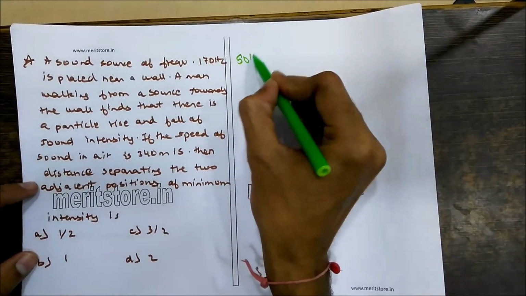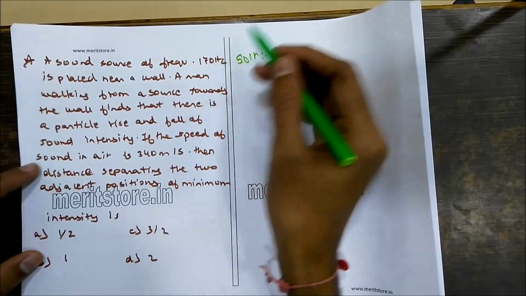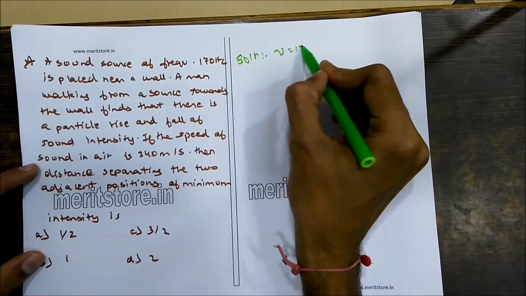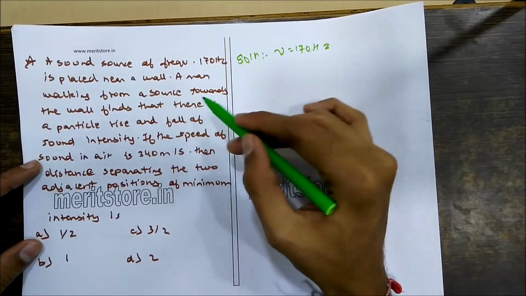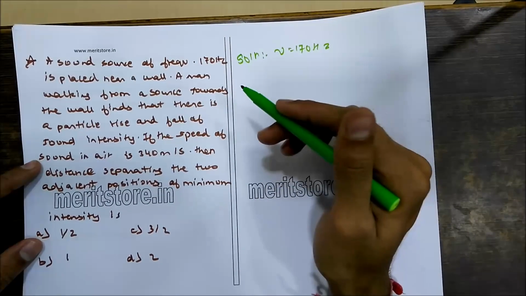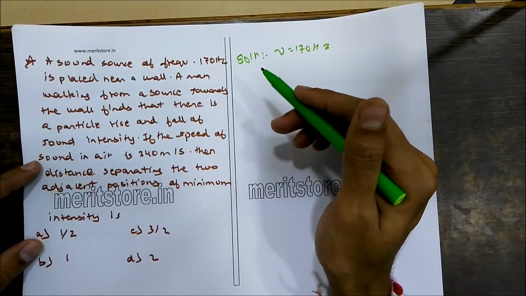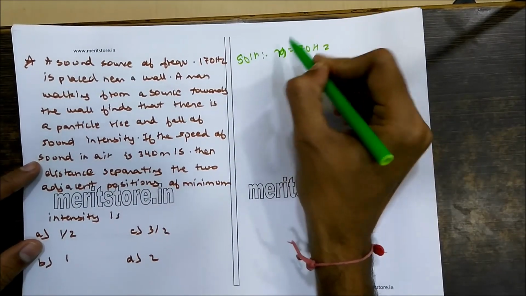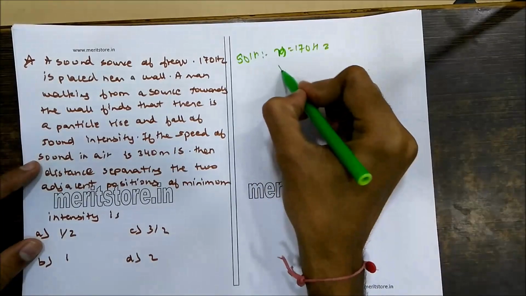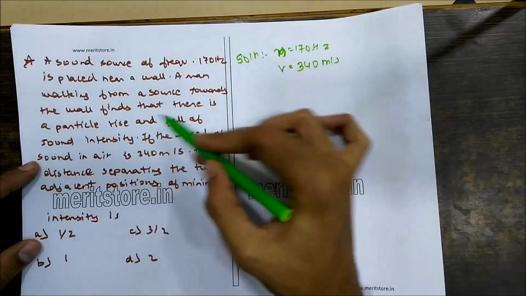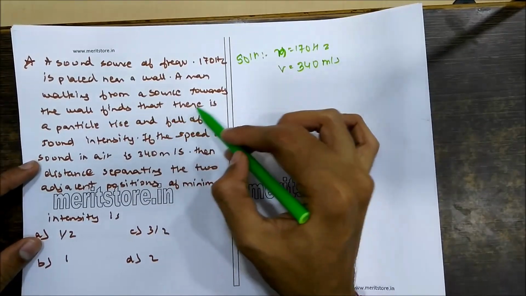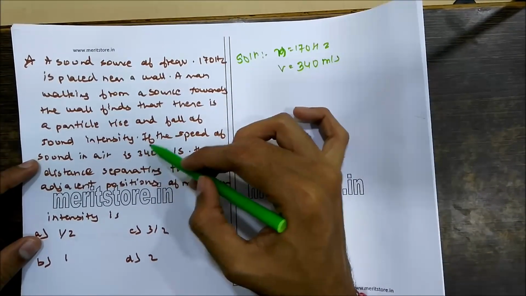Given is the frequency, 170 Hz, and near the wall a man is walking from the source towards the wall, finding a periodic rise and fall of the sound intensity.